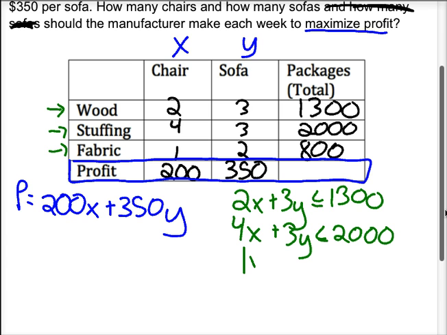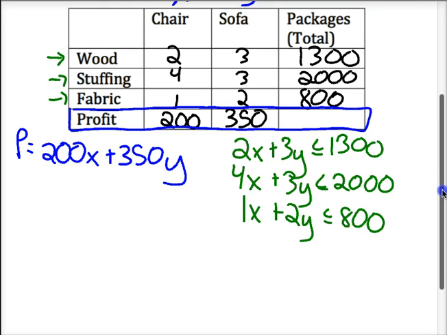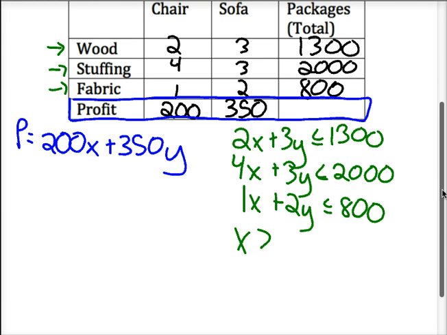For the fabric, 1 per chair, 2 per sofa, I can only use up to 800. And then, of course, you need those final 2 constraints because it's a real-world problem. You need everything to be 0 or positive.